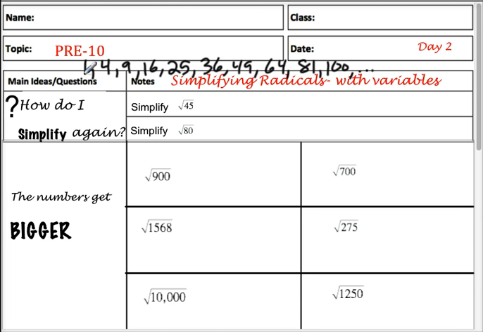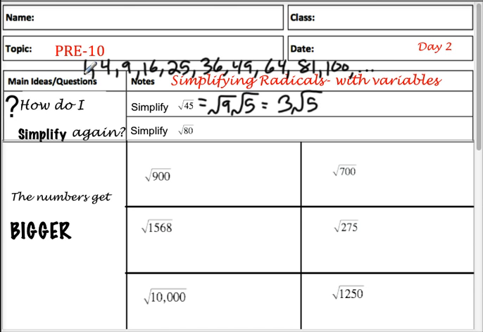That is the key to simplifying all of these radicals: we need to see which perfect square comes out. So for example, when it says simplify the square root of 45, what we're talking about is breaking that down into the 9 and 5, because the 9 is on our list of perfect squares. And the reason we pull it out is because it becomes 3.